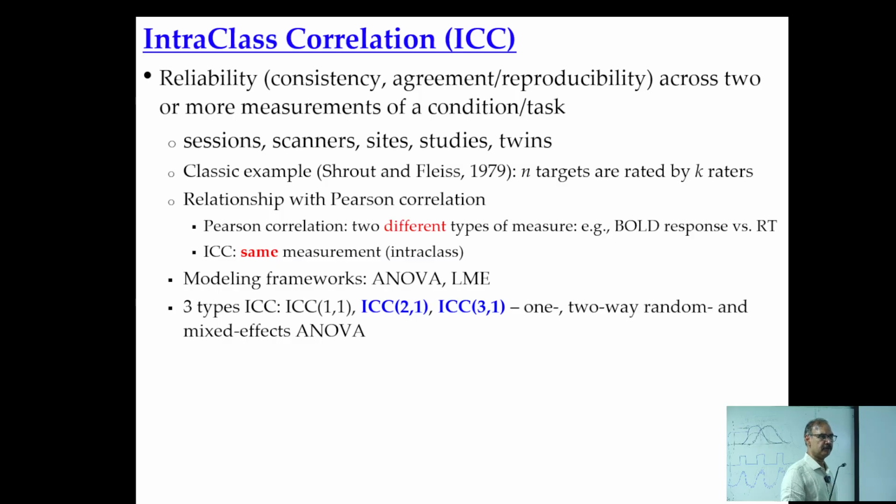So maybe one example I could give is, if I wanted to scan a subject 2 times during one session and then scan them 3 months later, how similar would my correlation measures be, right? So I scan, let's say Joshua today.